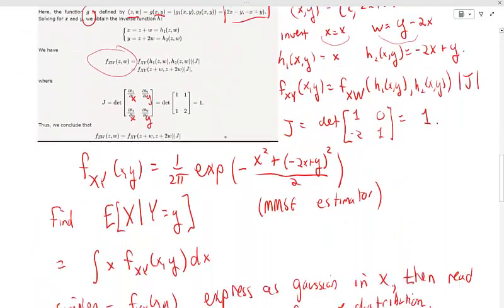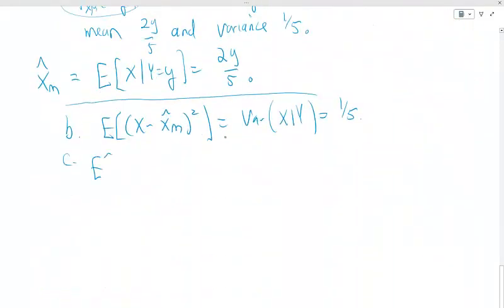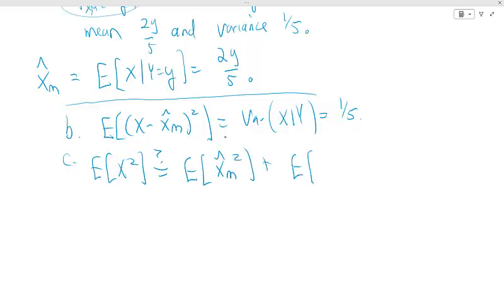So if I want the expectation of x squared, the question is, is that equal to the expectation of xm squared plus the expectation of x twiddle squared? Now this expectation of x twiddle squared is just equal to 1/5. What about this one here?